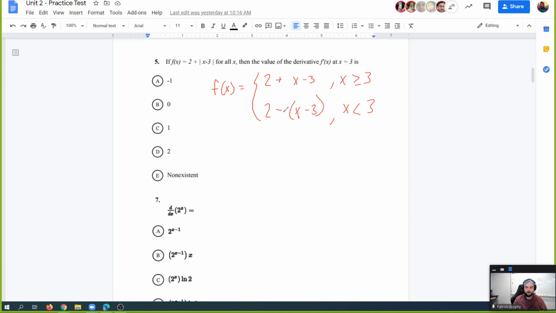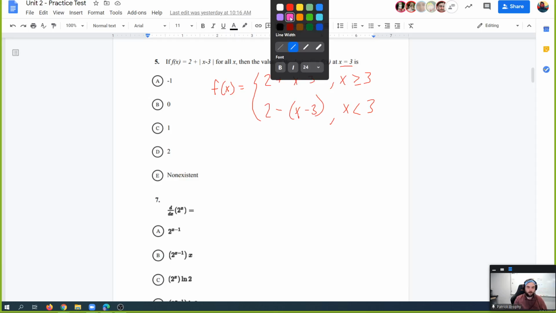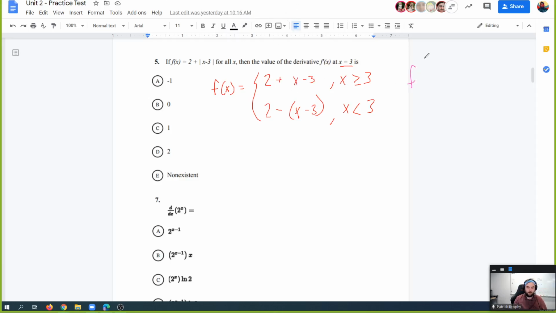So the absolute value is kind of our piecewise function. In the case where x equals 3, we can just use the top one. You just differentiate it, and f prime would equal 1. So 1.